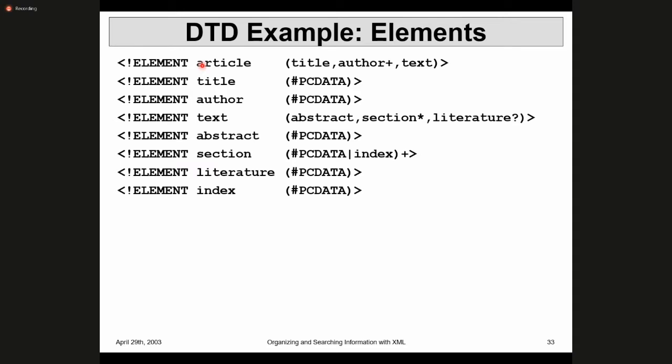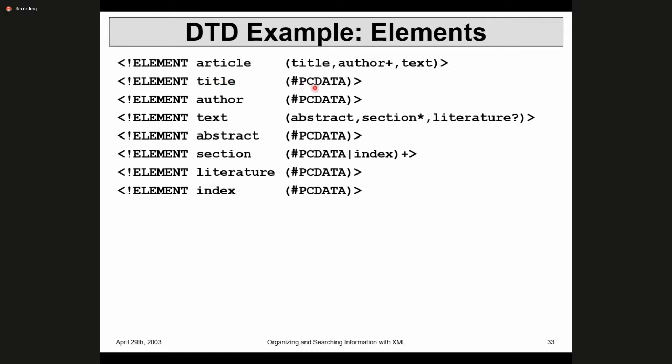So when it comes to validation of an XML document against the DTD, if the elements included in the article element are different than title, author, and text, it will return an error saying that this XML document is not valid because there is some undefined sub-element in this particular element, right? So in this first line it says the article element can only have title, author, and text sub-elements, nothing other than that.